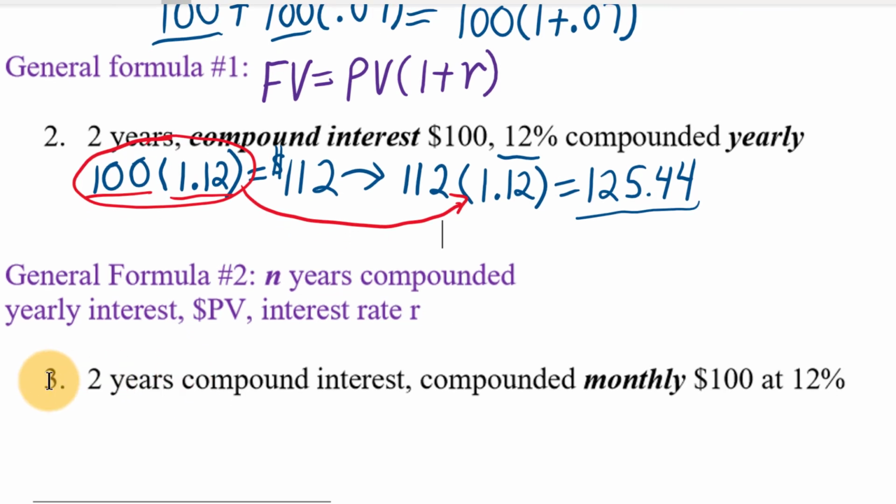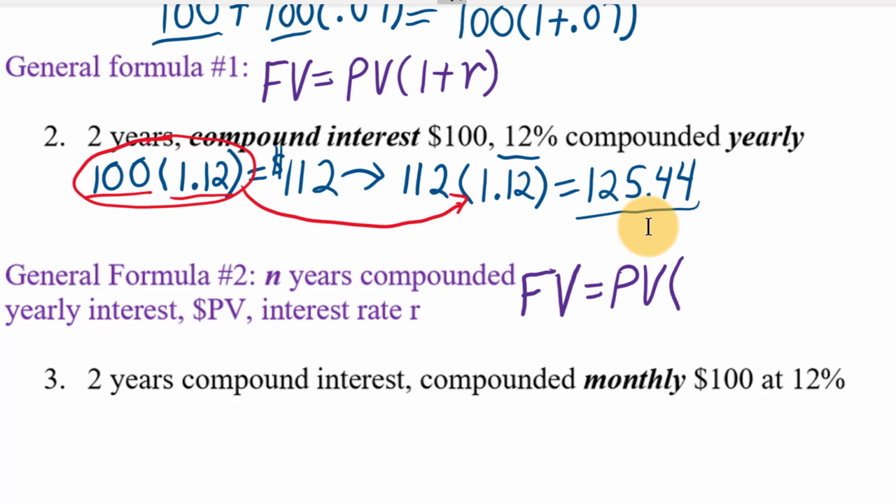If you are investing money in some kind of account, and it's being left in that account for n years, n could be 2 years, 3 years, 10 years, and it's going to be compounded, then our future value is going to be equal to the present value, the original $100 we're investing, times 1 plus the interest rate, and we're going to compound that n times, however many number of years we leave it in there.